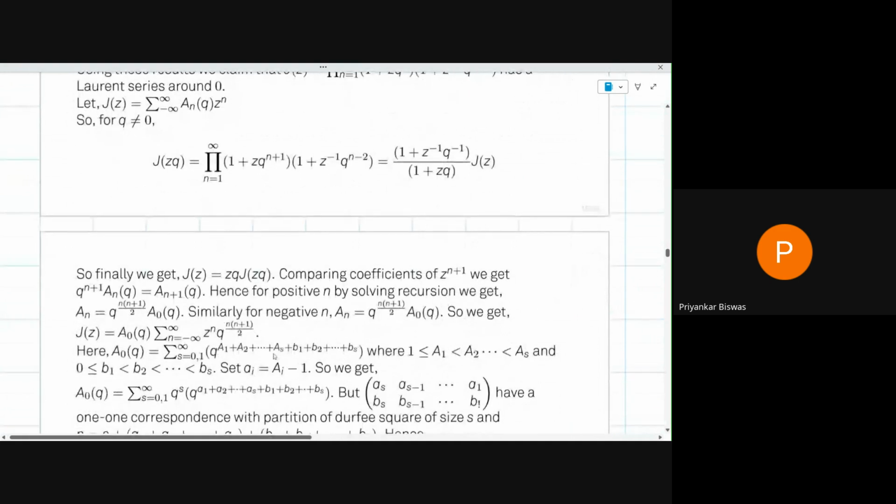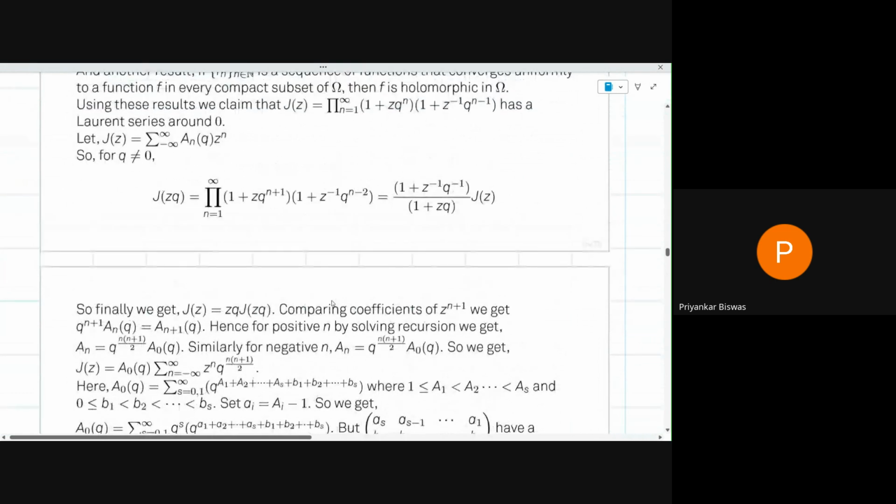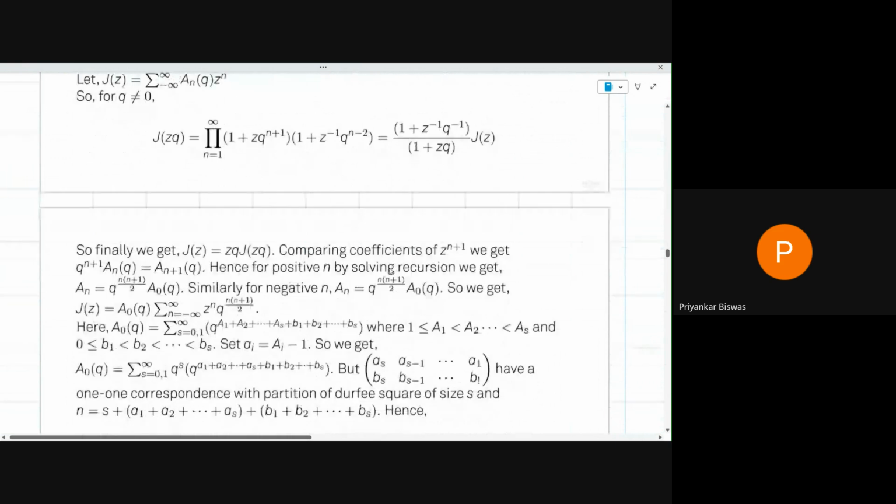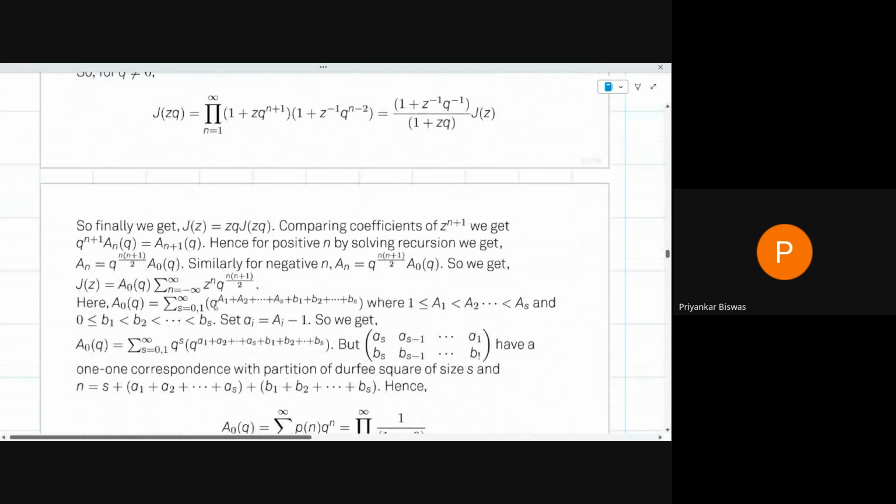So the ai's would be greater than or equal to 1 and all distinct, and the bi's would be greater than or equal to 0 and all distinct. If we take out 1 from each of these parts, we'll get q power s and q power a1 plus up to as plus b1 plus up to bs.